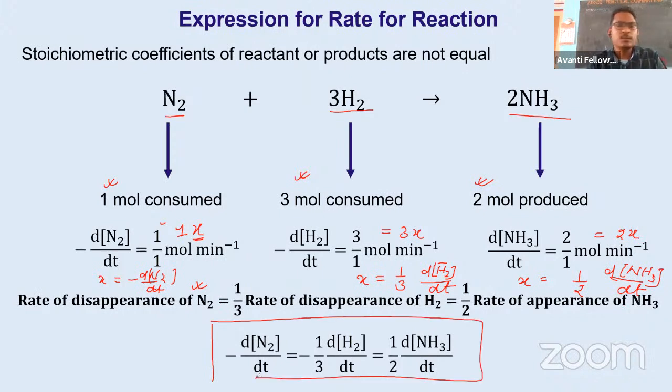So for any reaction, we can get this relation between the rate of change of each reactant and product with respect to their coefficient. If we take the relation between the rate of change of nitrogen and hydrogen, the rate of change of hydrogen is 3 times the rate of change of nitrogen.